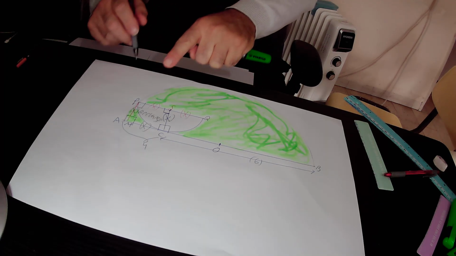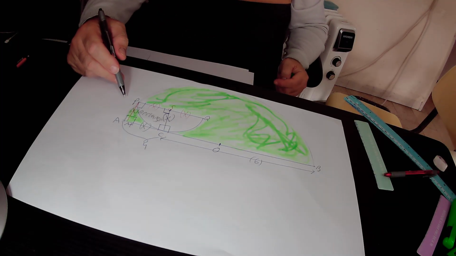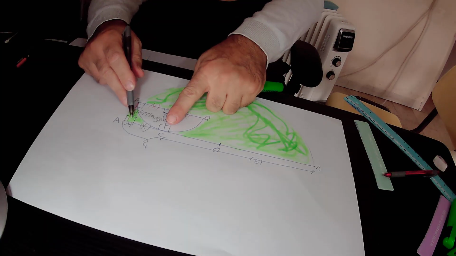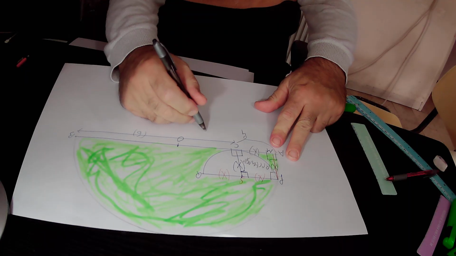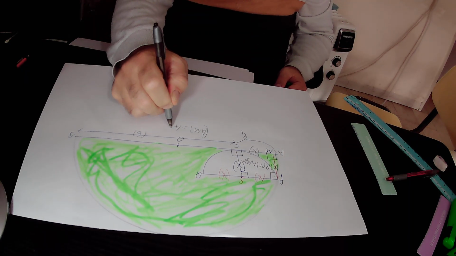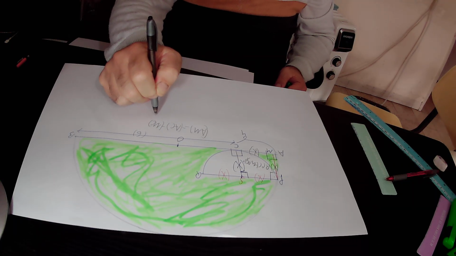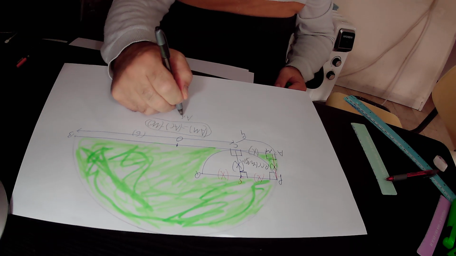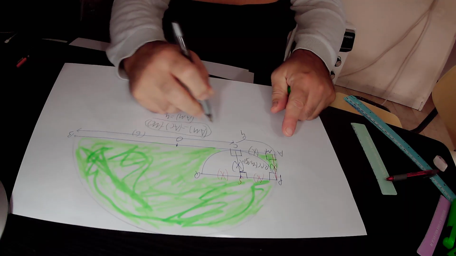What is the length of this short line segment AM? From the drawing, it is very easy to see that AM in total must be equal to AC, that is 4, minus MC, that is x. So AM is equal to AC, that is 4 according to what is given in the question, minus MC.